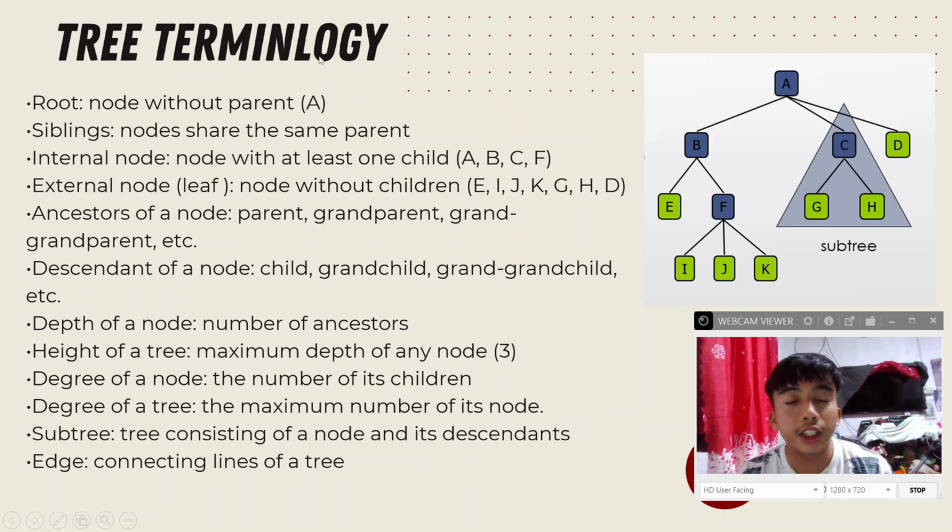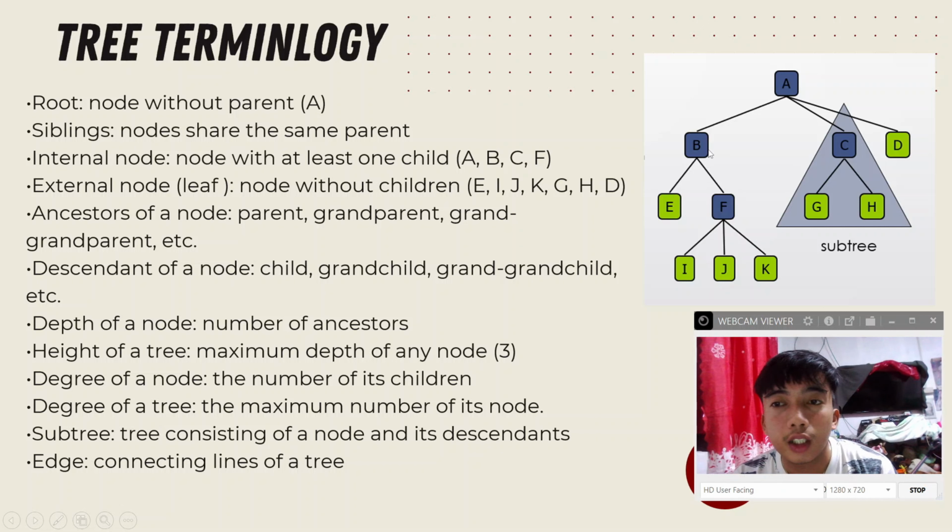Tree terminology. Root: a node without a parent. In this image, the root is A because A is located at the top, which indicates that it is the tree's root. Siblings: siblings are the nodes that share the same parent.